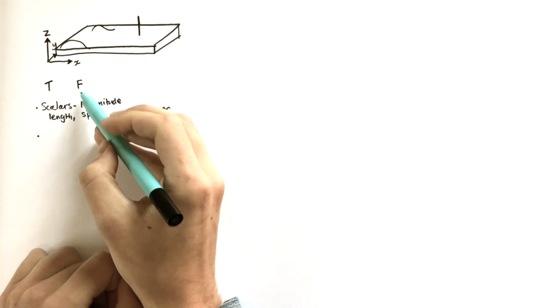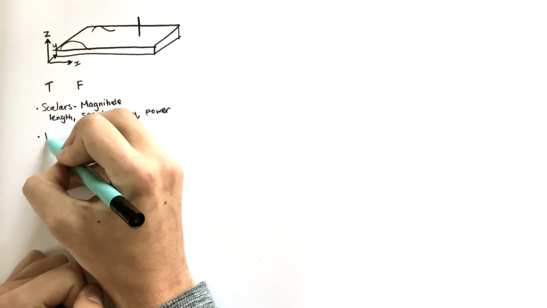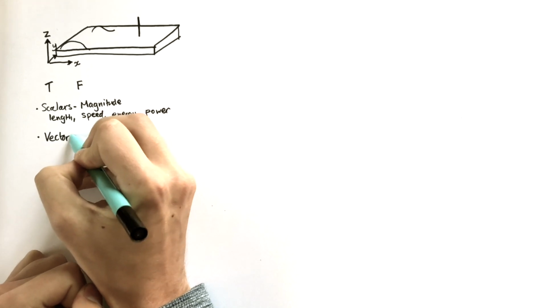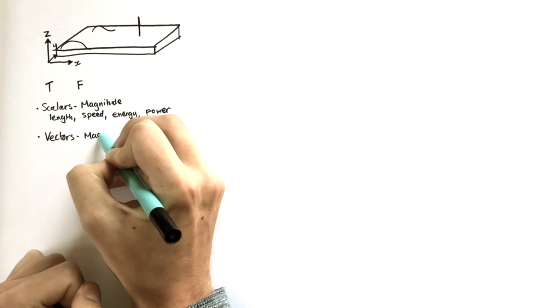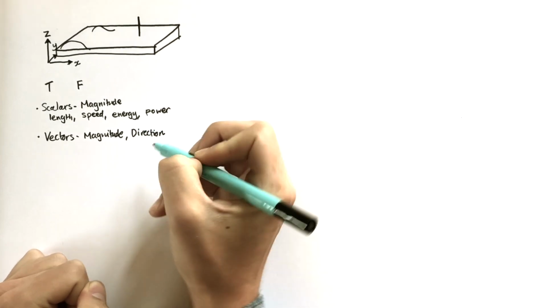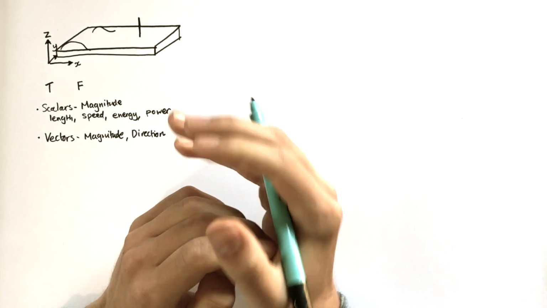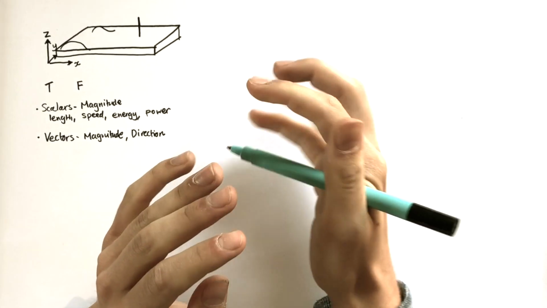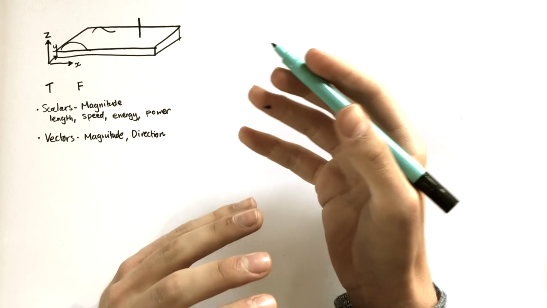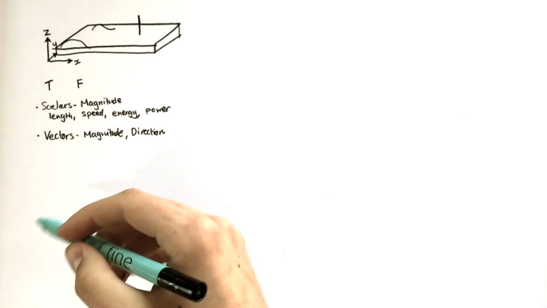However, quantities like force, which have both a magnitude and a direction, are called vectors. Now, the thing about a vector is that, mathematically speaking, it's a different type of quantity to a scalar. A scalar is simply something which has a number.